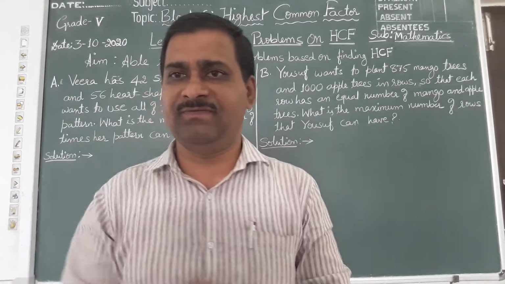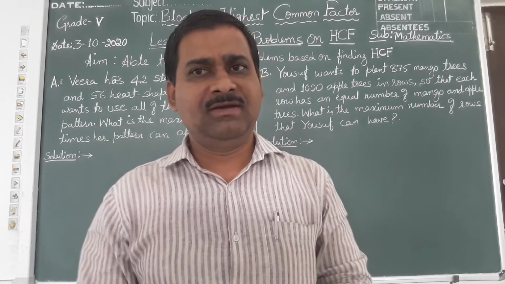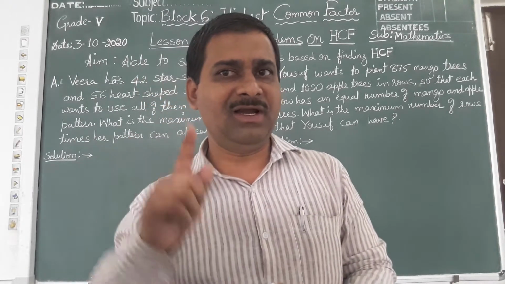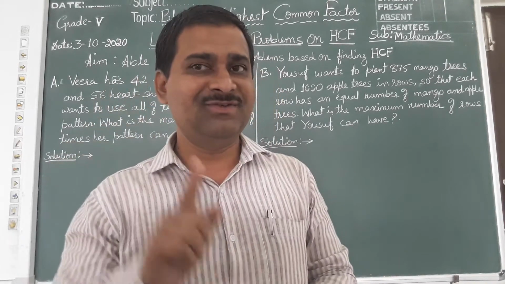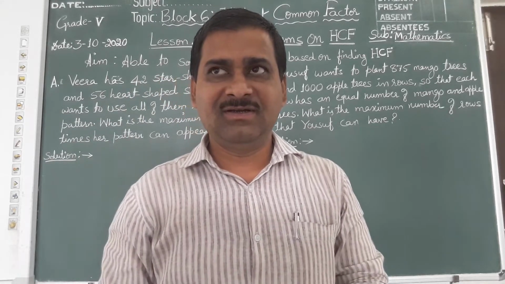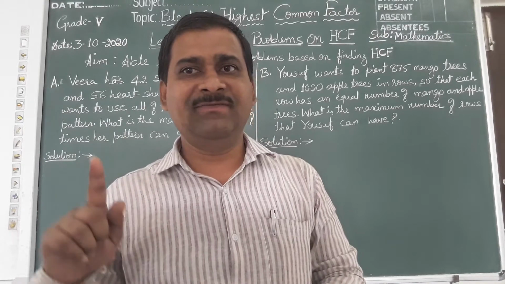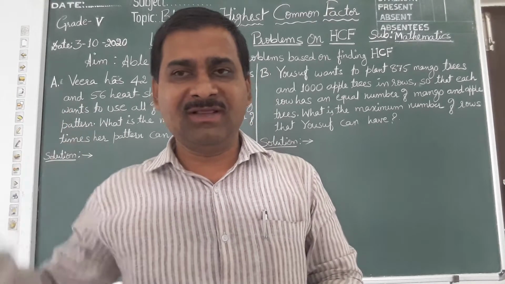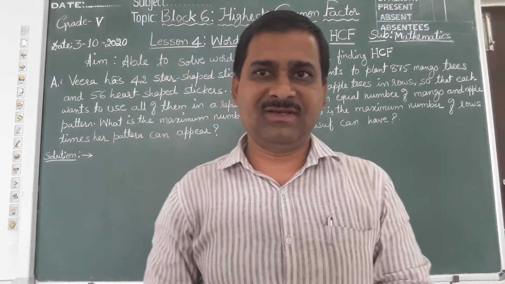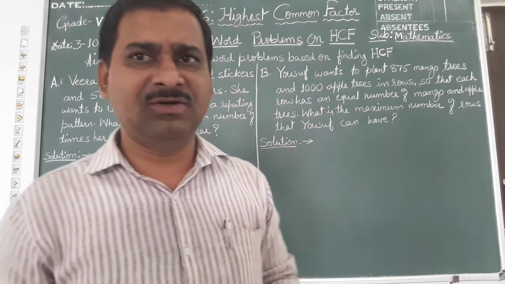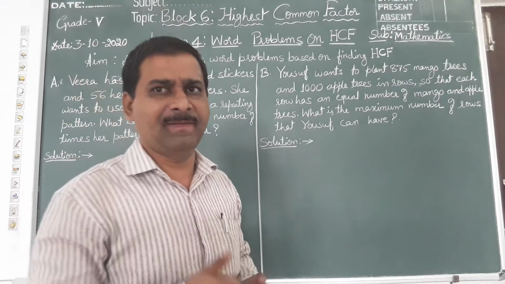But when it is asked particularly to find the HCF by the long division method, you have to do it by the long division method. If particularly asked by the common division method, then you have to do it by the common division method. I think I have said it repeatedly. Now you came to know what I am saying.